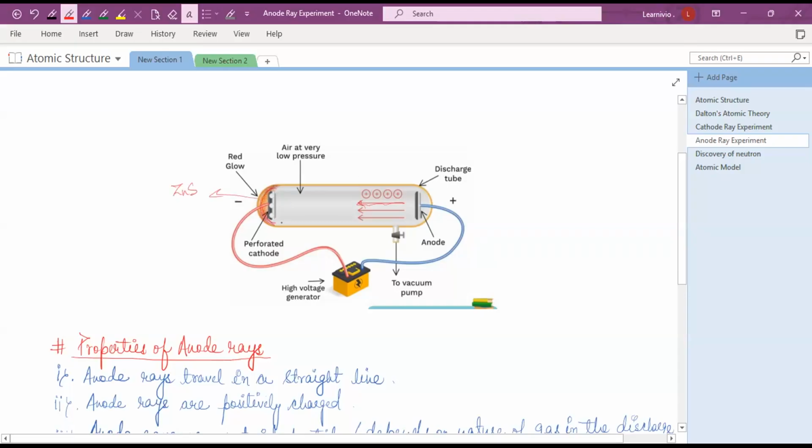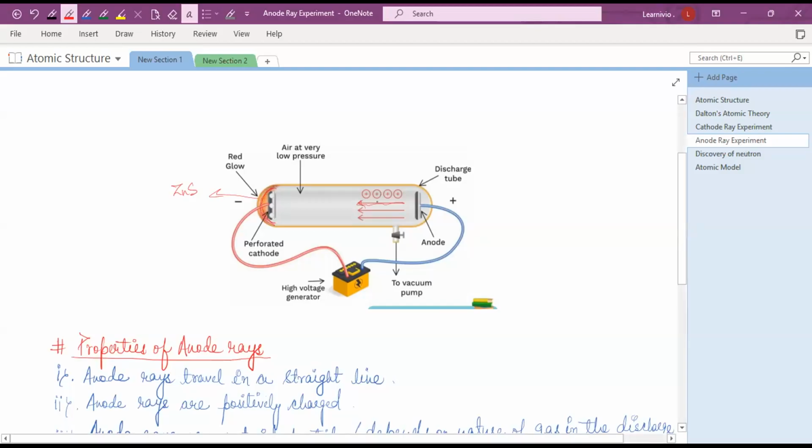Okay. So in that case, he perforated the cathode instead of the anode, right? J.J. Thomson perforated the anode, but this time he perforated the cathode, and he reduced the pressure. He reduced more pressure and applied more voltage, right?